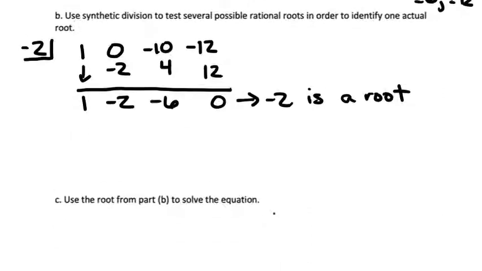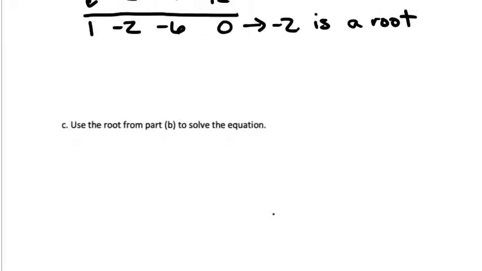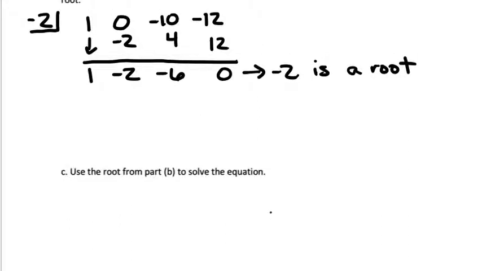And then question C says to use the root from part B to solve the equation. So what I'm actually using is the result of the synthetic division there. So that's going to be x squared minus 2x minus 6. Set that equal to 0 and solve. Now this is another one where I can't factor this because there are no two numbers that multiply to -6 and add to -2.